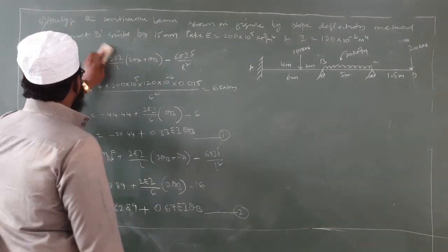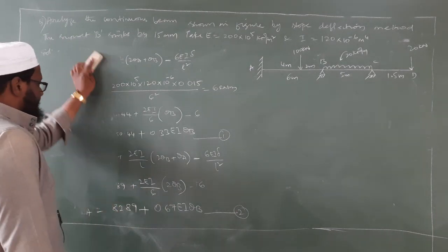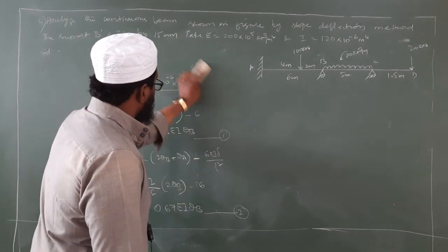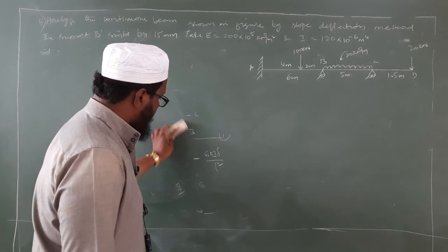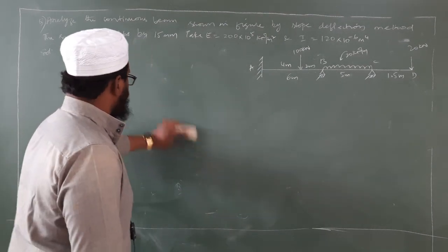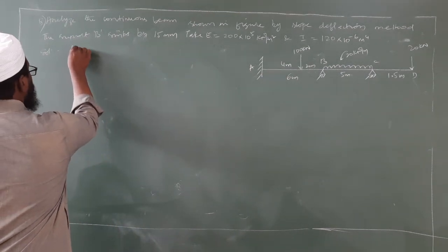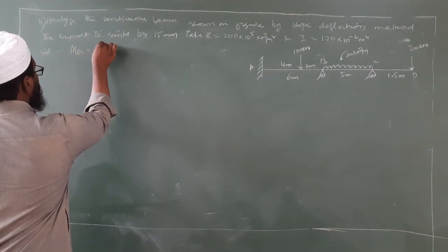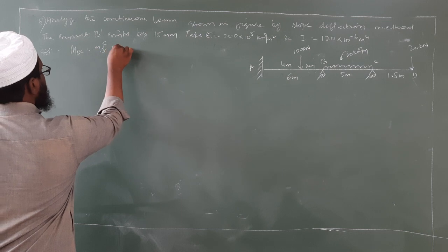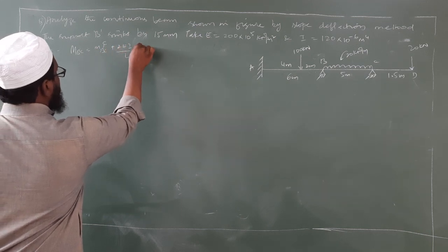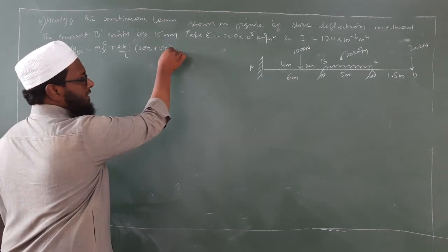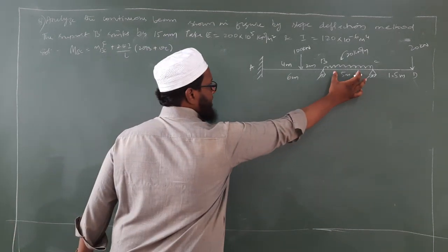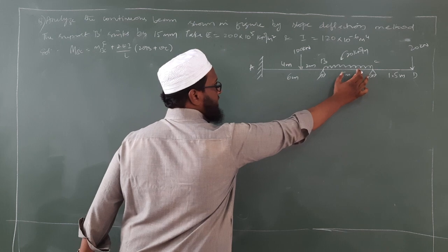Next equation, that is MBC, right? So capital MBC is equal to MFBC plus 2 EI by L into 2 theta B plus theta C. Here this beam will create which moments?